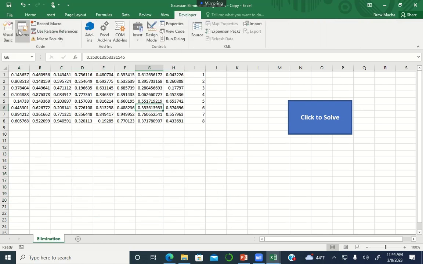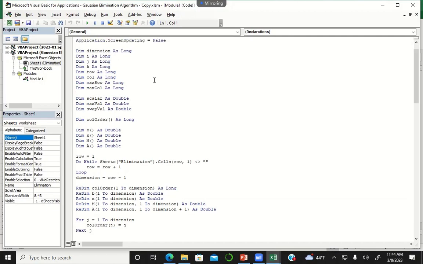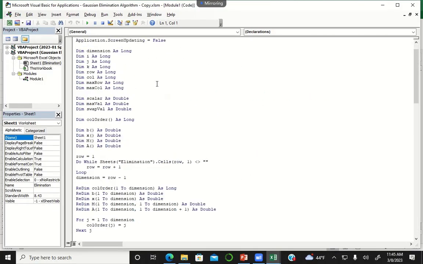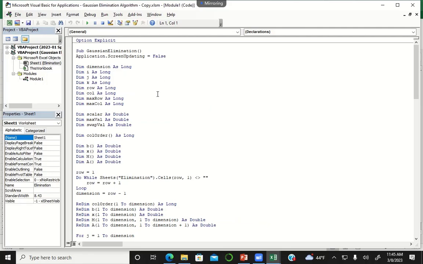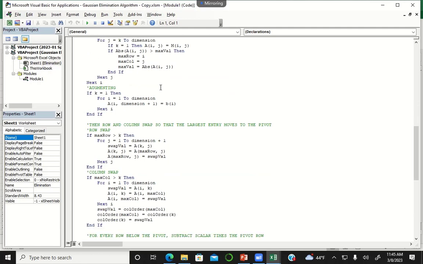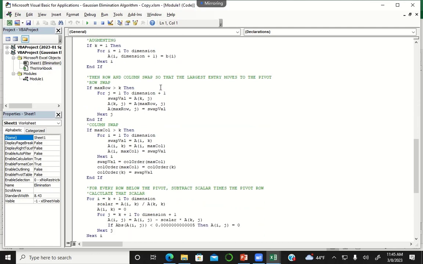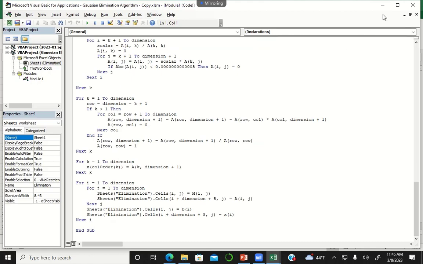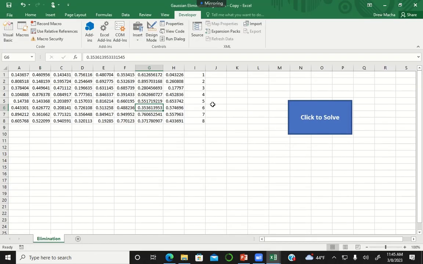You just go to Developer, and then you go to Visual Basic, and then you can write a little thing. So this is my personal algorithm for doing Gaussian elimination on matrices, and it does exactly what we did, the same exact process, only it does it automatically, because I don't want to do that by hand every time. Right, that's kind of a long, boring math problem.